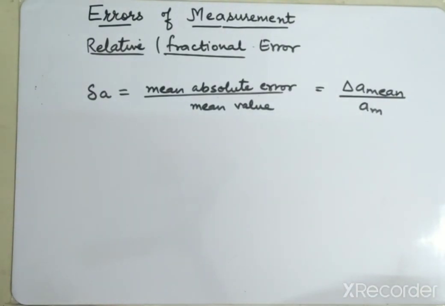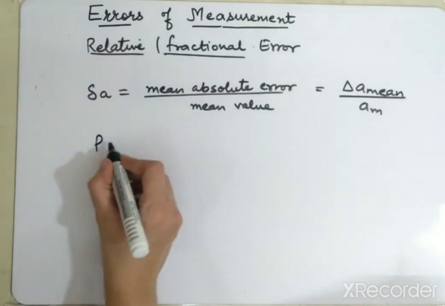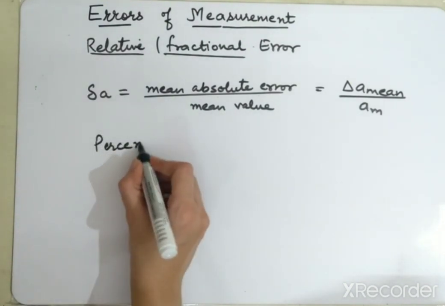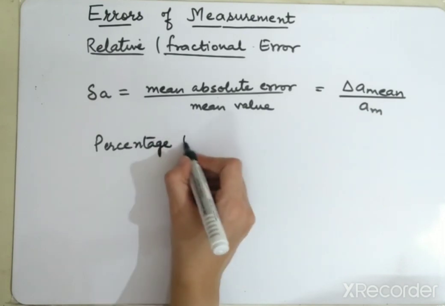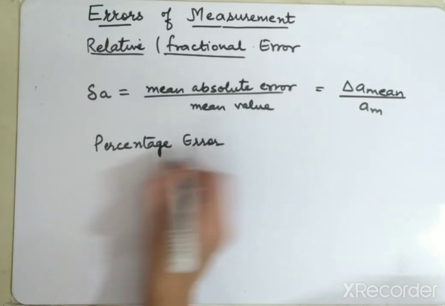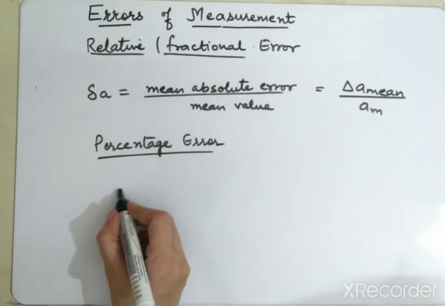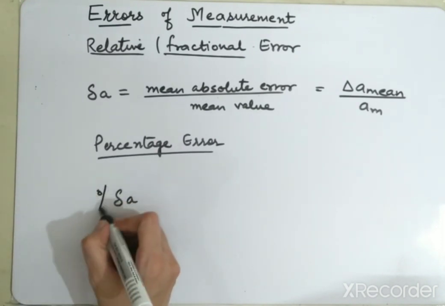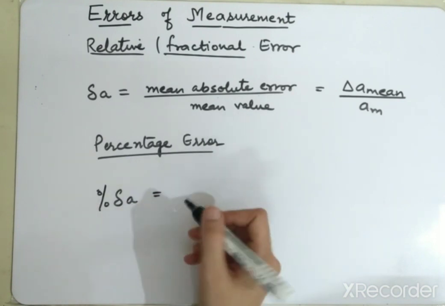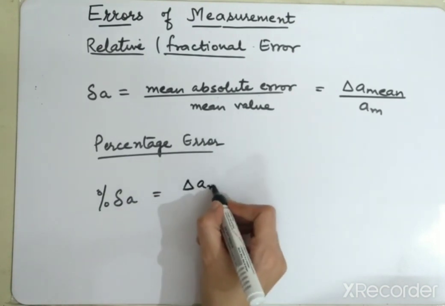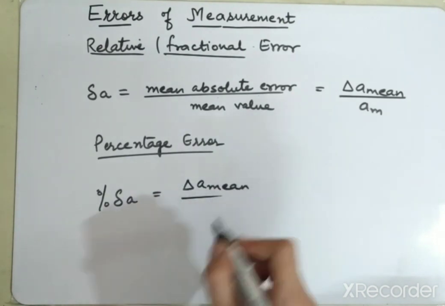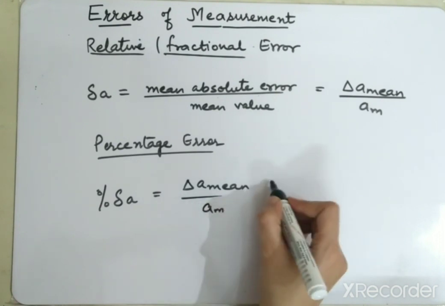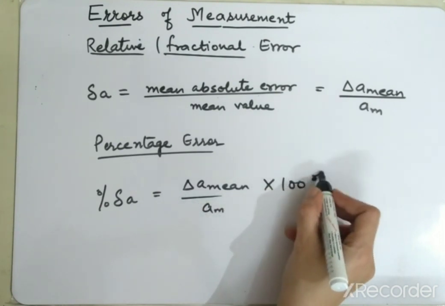When the relative error is expressed in percentage, we call it percentage error. That is, percentage error is equal to delta A mean upon AM into 100%.